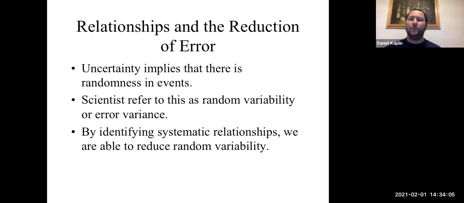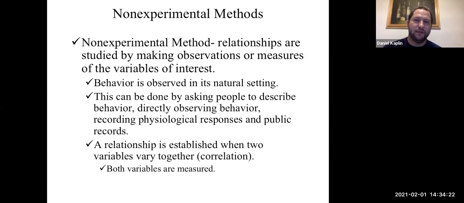So the more we have error, the less we have confidence in our outcomes. The more systematic the relationship is, the less error we have and the more confidence we have. So, and I'm going to come back to that in a later point in the lecture.